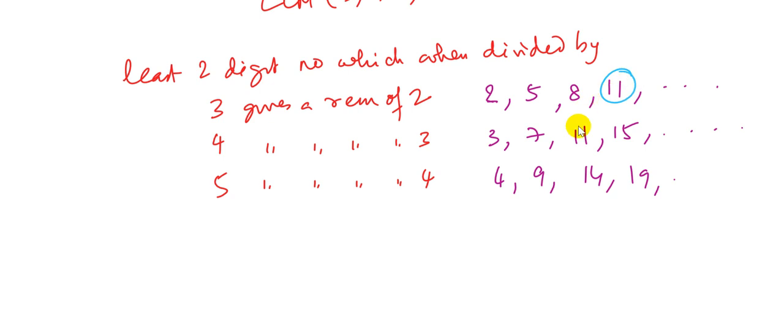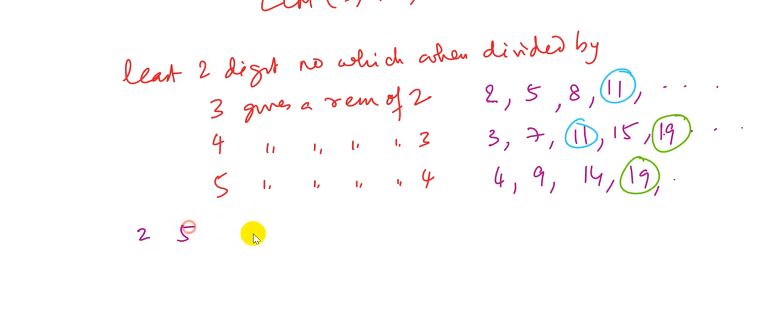So, the first number that I can see common between the first and the second is 11, right. Now, in the second series, the next number would be 19. So, the first number that I can see common between the second and the third is 19, correct, right.